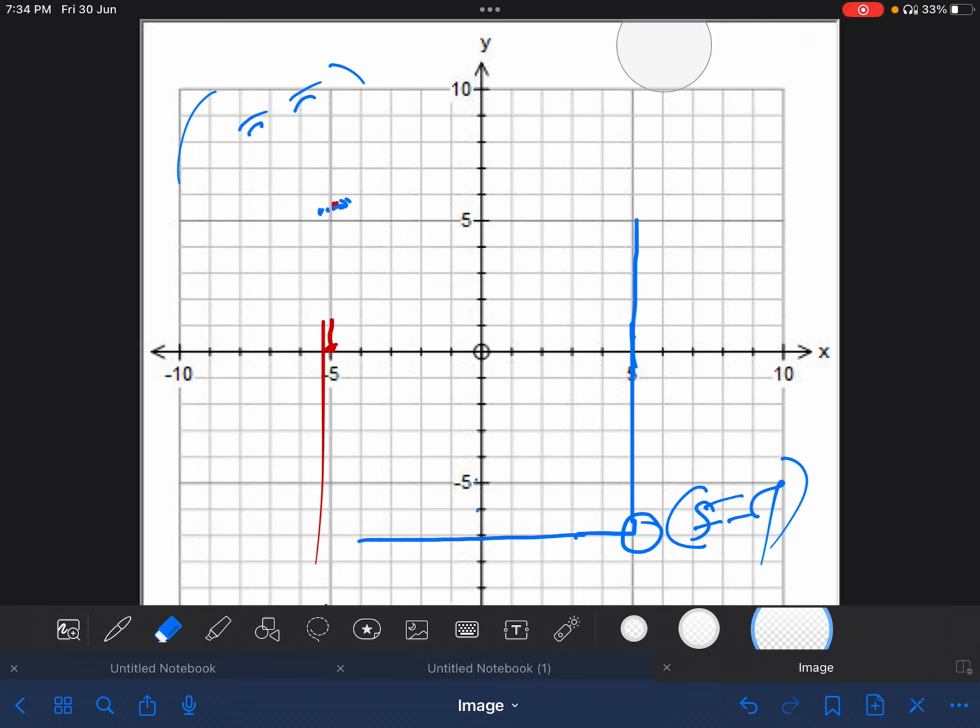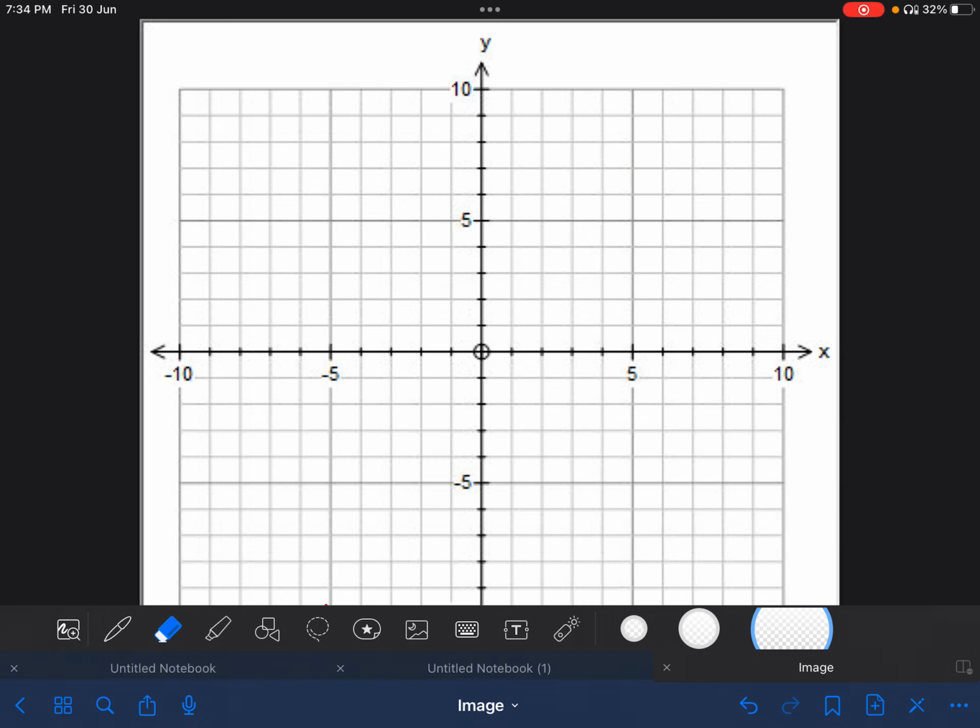Now, suppose somehow the question is like that: what is the equation for this axis? We want to calculate the equation for this line. So, let's take an example. This is a blue colored line which is here.